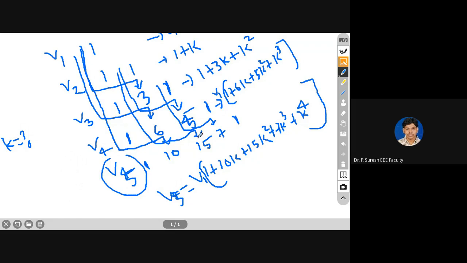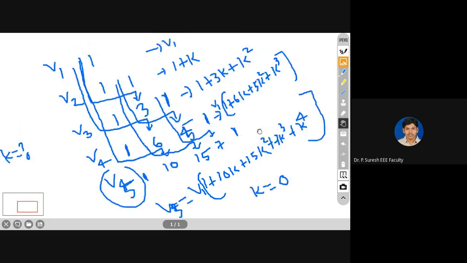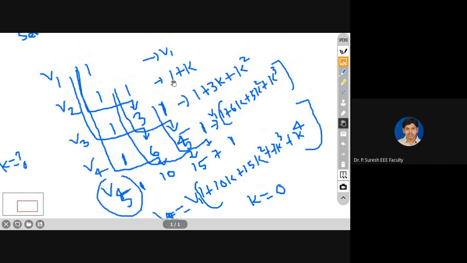To make all of them equal, we need to make what? What is the K value? If you take K equal to 0, what happens? What is the V2 value? The V2 formula is V2 equal to V1 into 1 plus K. I am taking K equal to 0.